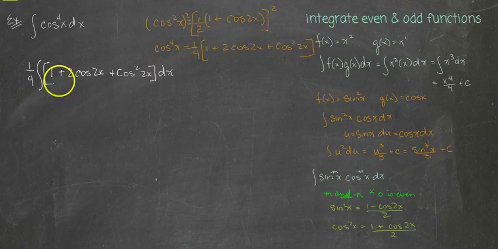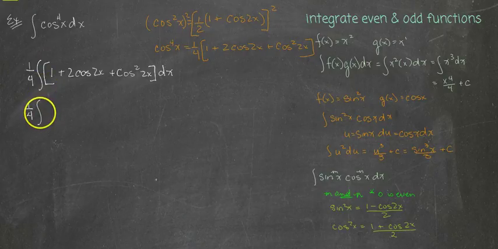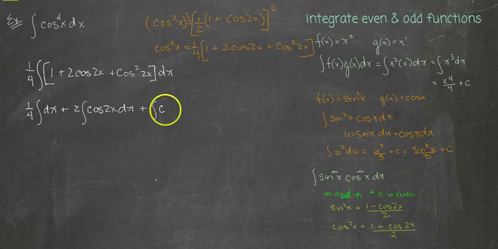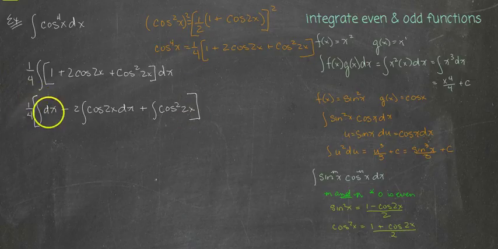Now if I distribute dx into each term and separate into different integrals, I get the antiderivative of dx plus 2 times the antiderivative of cos 2x dx plus the antiderivative of cos squared 2x. Now I have 3 separate integrals to calculate. Each in turn will be multiplied by 1/4.